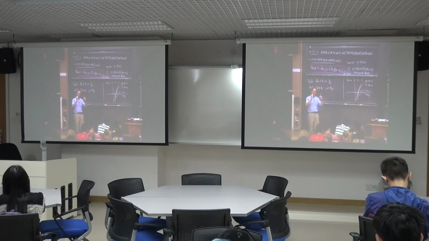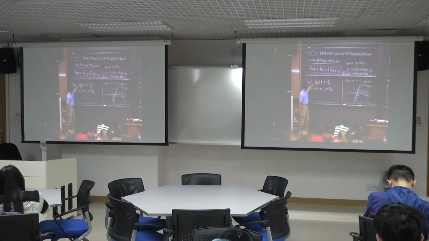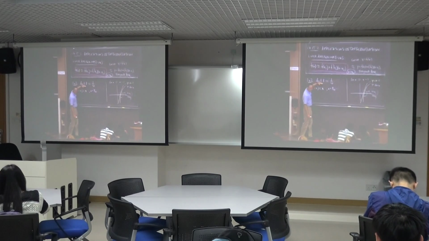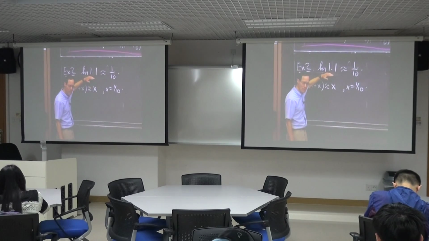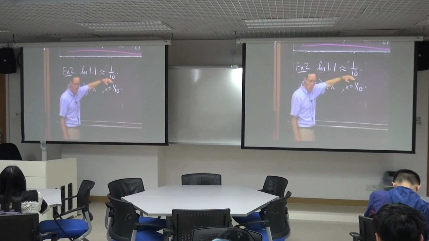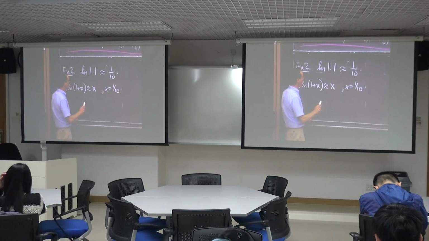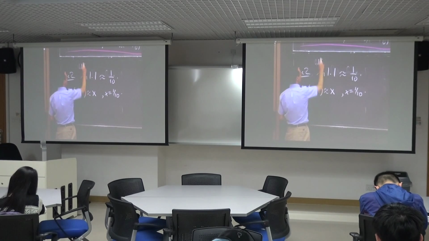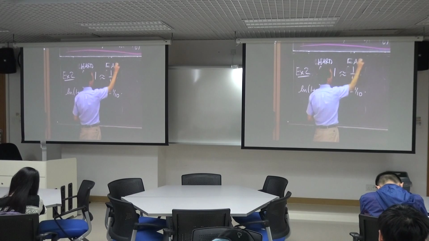Now, the first question I want to ask you is, which do you think is a more complicated thing? The left-hand side or the right-hand side? I claim that this is a more complicated thing. You'd have to go to a calculator to punch out and figure out what this is. This is easy. You know what a tenth is. So the distinction I want to make is that this is hard, and this is easy.